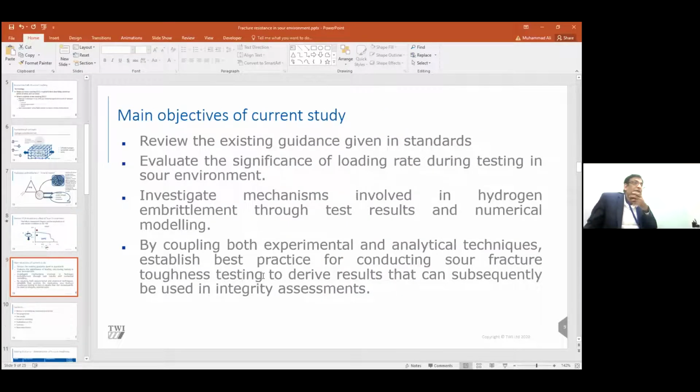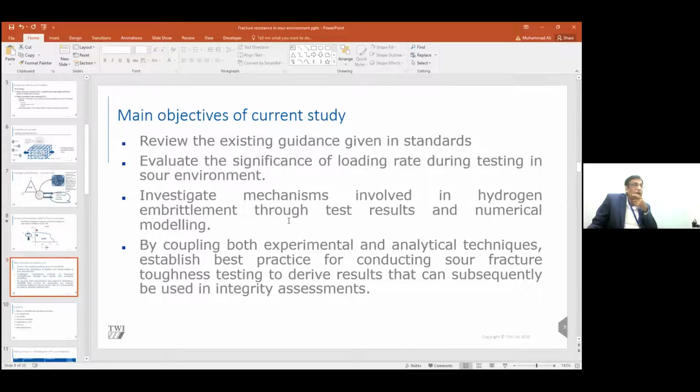Main objectives. There were two objectives. The first objective was to evaluate fracture toughness and define the most acceptable technique to determine fracture resistance of a material using techniques available in different standards.